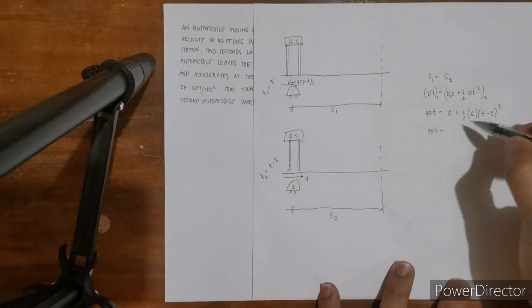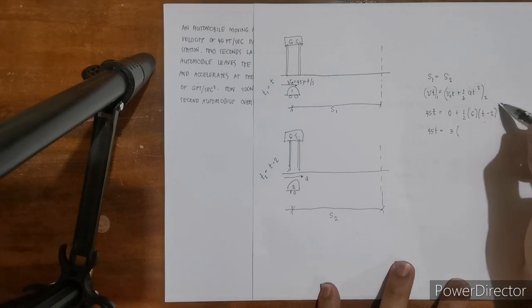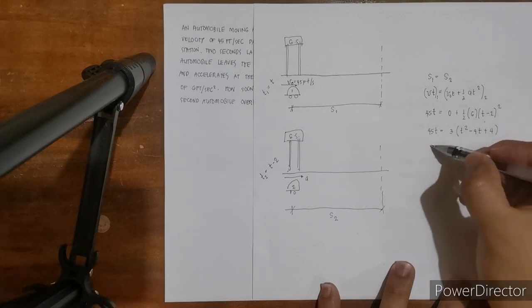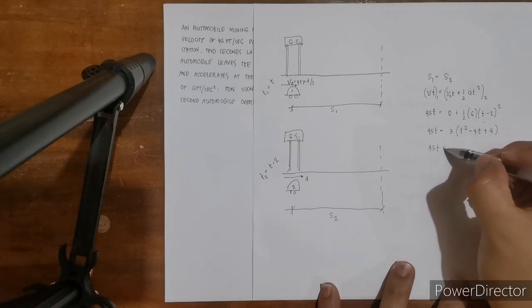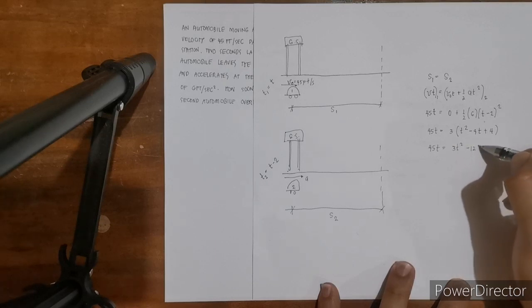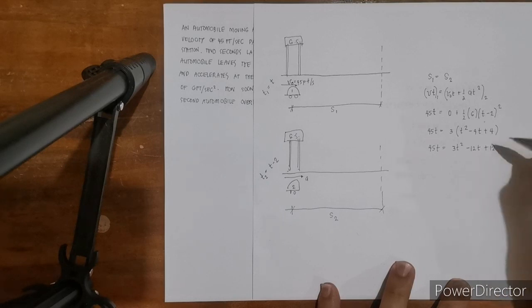Simplifying further, 45t is equivalent to 3. Simplify this term, that is t squared minus 4t plus 4. So 45t is equivalent to 3t squared minus 12t plus 12.